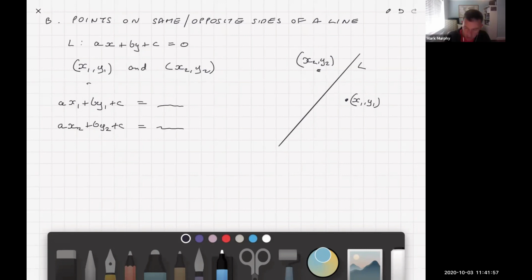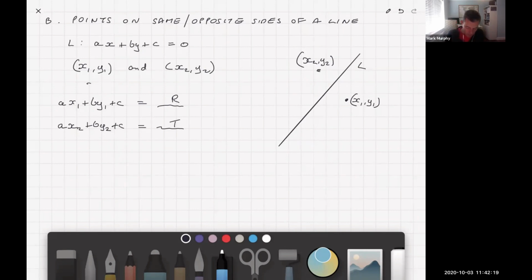Right? Let's call this, let's say the value you'll get is going to be r, and this ends up being t, right? Doesn't matter. They're just numbers.